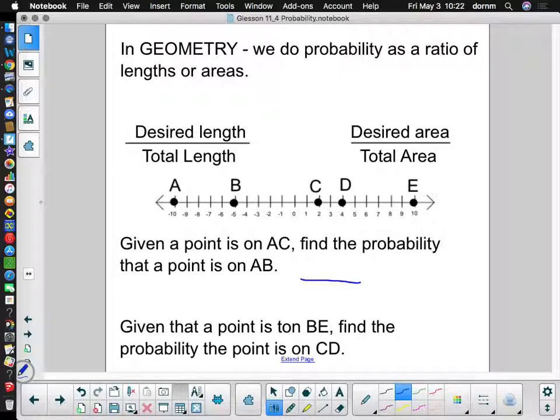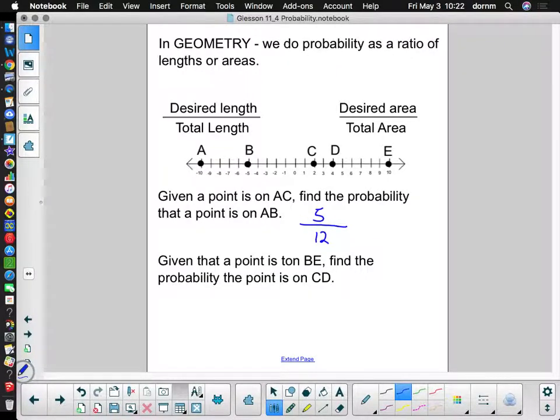So if I go from -10 to 2, how long is that? 12. That's the total length. What's the desired length? The desired is from A to B. That's from -10 to -5. How far is that? 5. So my probability is 5 out of 12. It's that simple.